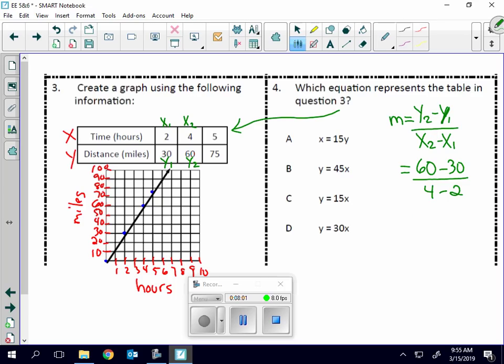So our slope is going to be 30 over 2, which is 15. And obviously there's no y-intercept here because this page talks about proportional relationships, which has a y-intercept of 0.